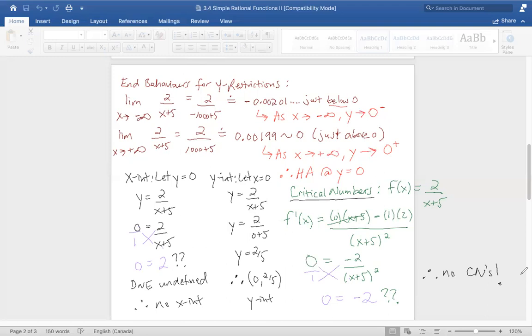Now I'm just going to say this before I clear the screen here and move on, because I'm guessing that what you would be thinking is, okay, if I have no critical numbers, then I don't need to do a first derivative test. I don't need to do a chart, right? So I just want you to think about this. Do we still have a function? Do we still have something to graph?